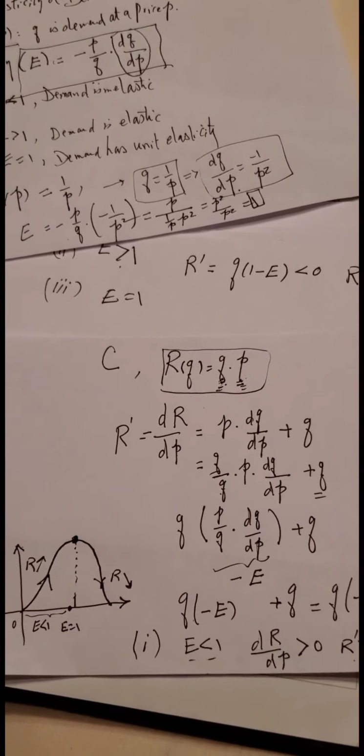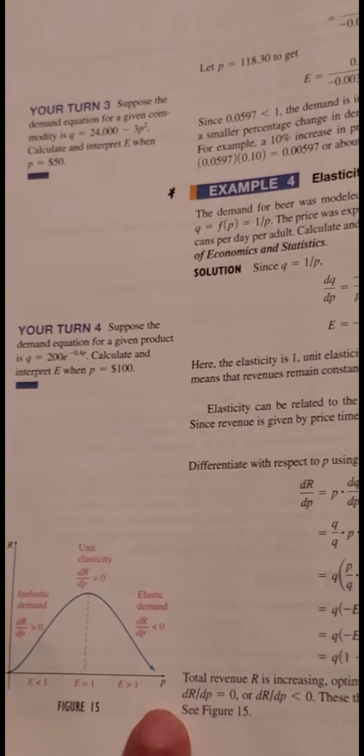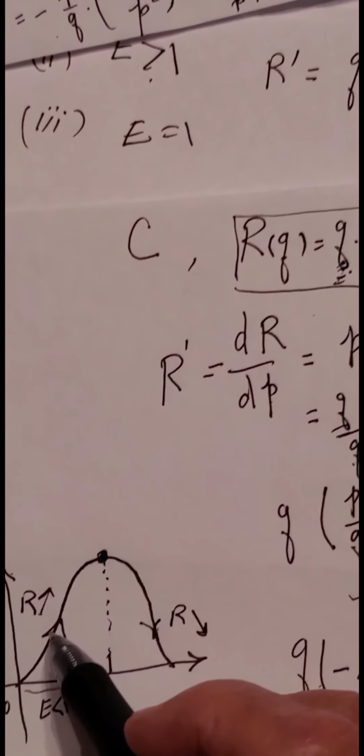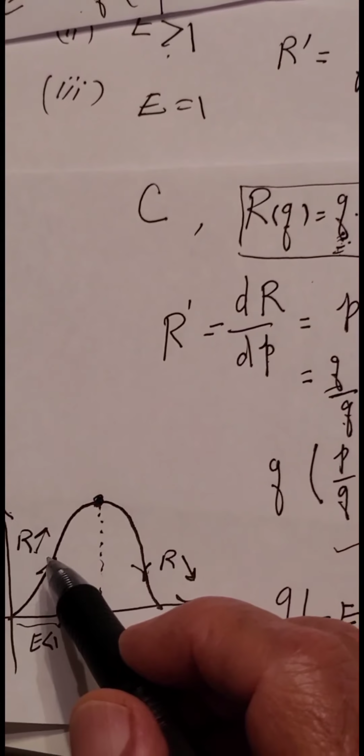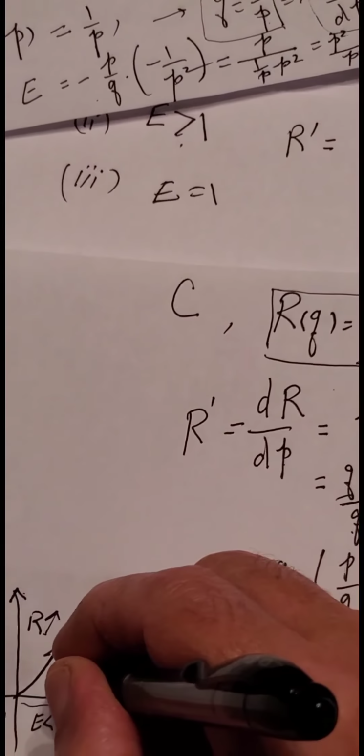So this is exactly what you have here, but they have a name for it. If E is smaller than 1, which means R is going up or R prime is positive, we say our demand is inelastic. So demand is inelastic here.